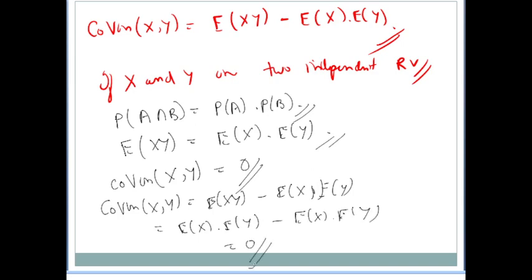Thus it will be equal to 0. Thus, for two independent random variables x and y, the covariance is equal to 0. These are all the important properties. Now let's discuss the exponential distribution.